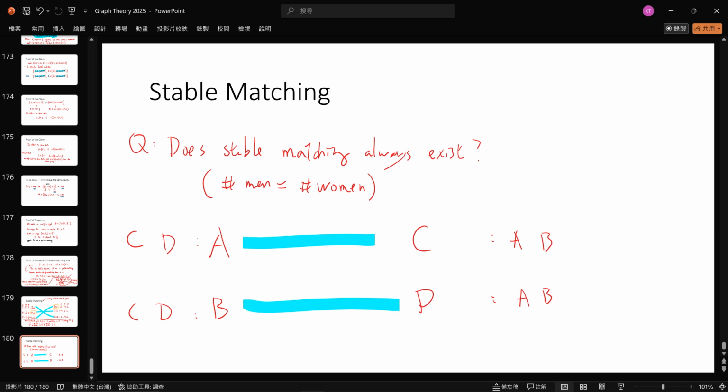So now perhaps, yeah, it is possible. Indeed, we're going to show that it is always possible, and we'll give you an algorithm. And the algorithm is quite simple, and quite natural.